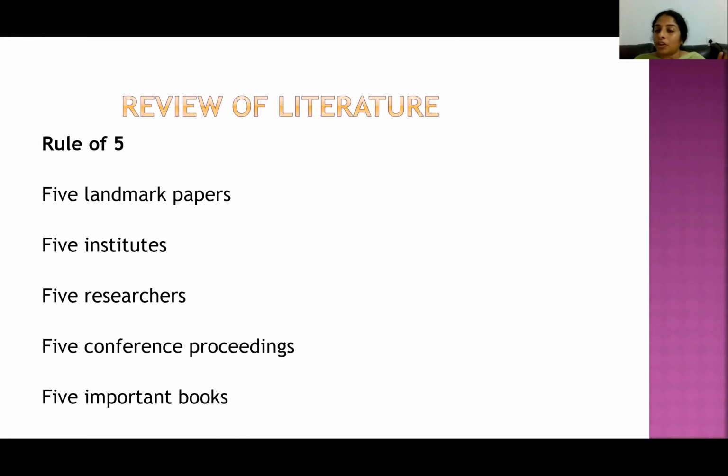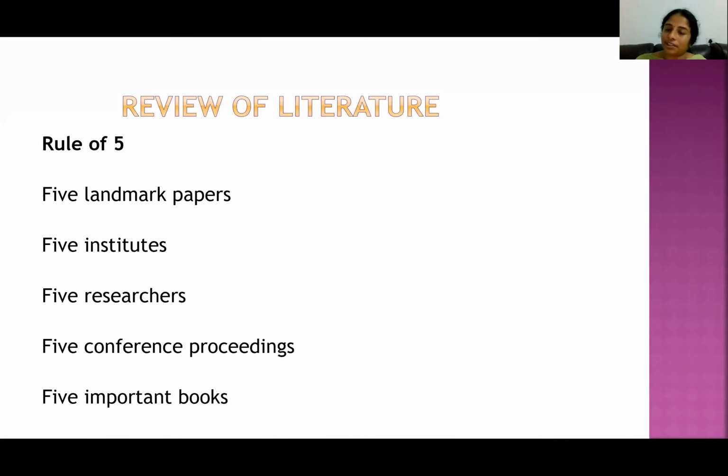If I am doing something on tobacco cessation, Sairu madam will know, Achutha Menon Institute and Sree Chitra have come out with a lot of articles on tobacco cessation. I would reduce the rule of 5 into the rule of 2 for a thesis proposal. At least 2 institutes which have done good studies should be quoted in your review of literature.